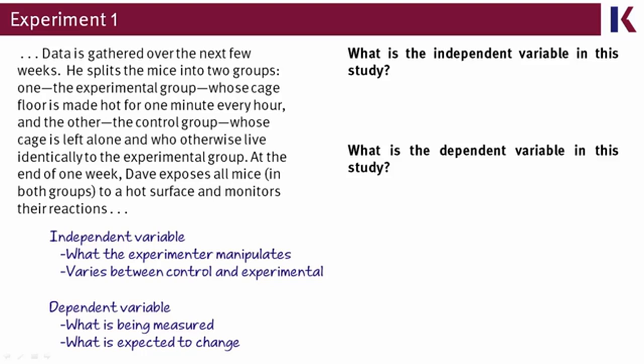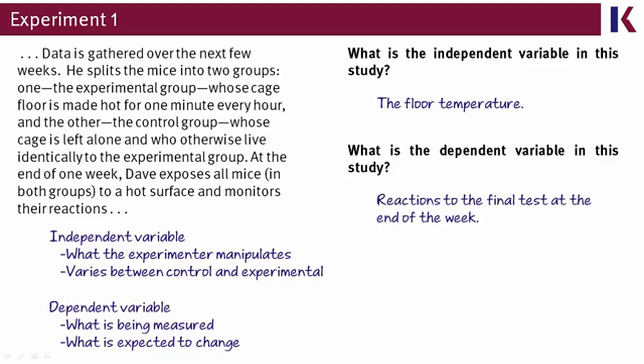Dave's independent variable is the floor temperature, whether he gives the mice a hot foot or not, and his dependent variable is the mice's reactions to that final test at the end of the week. One important detail here is that the dependent variable is specifically just the final test, because we get in this passage sample that the final test was where he monitored their reactions.